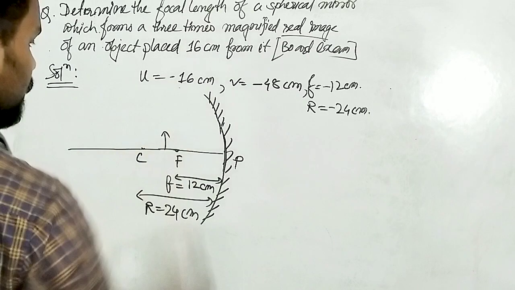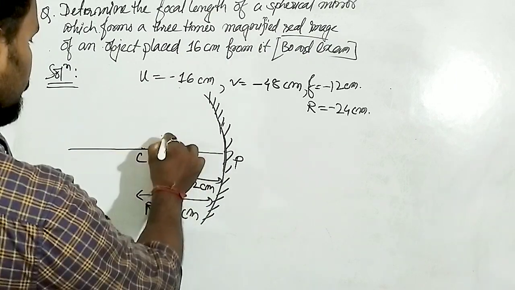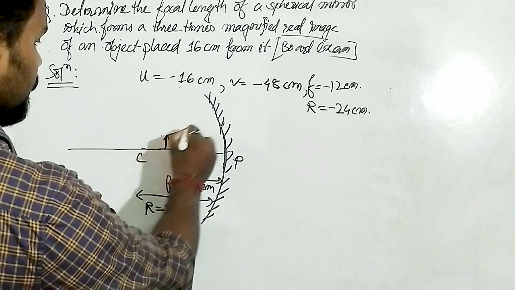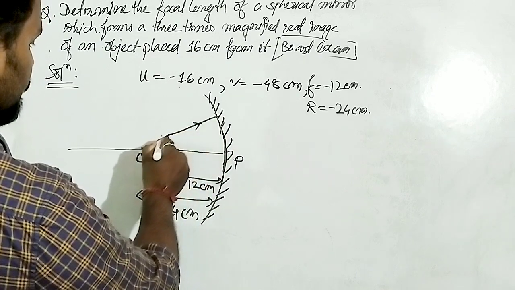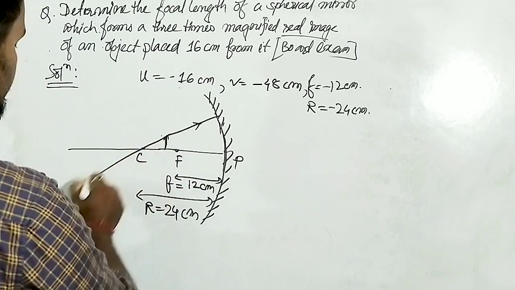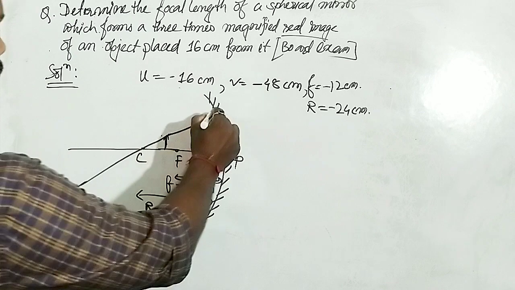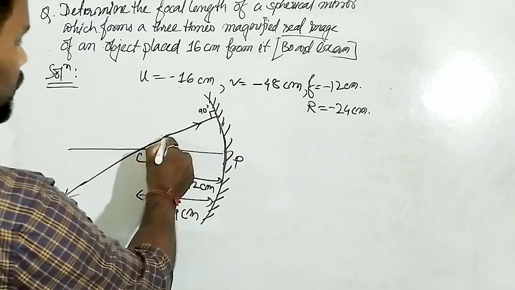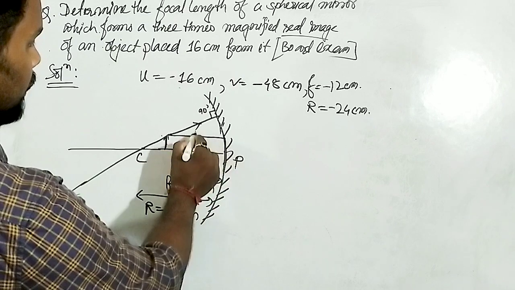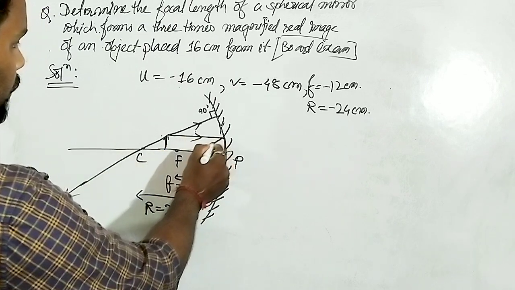I will make it a little bit smaller. One ray will go like that, reflect back and move through the center, because it is incident at 90 degrees, so it always reflects in this direction. One ray will be incident parallel to the principal axis, and this ray will converge.